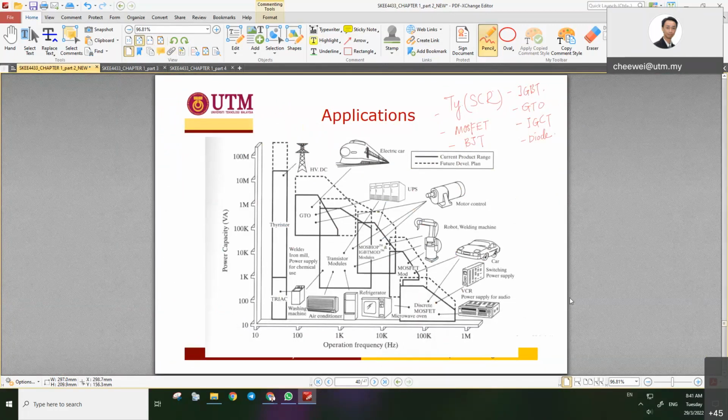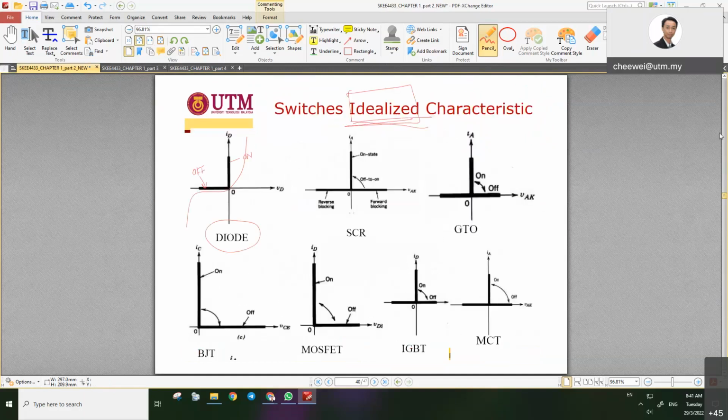Nobody? With the diagram shown here, what is that? Thyristor. Almost there. Any more answers?